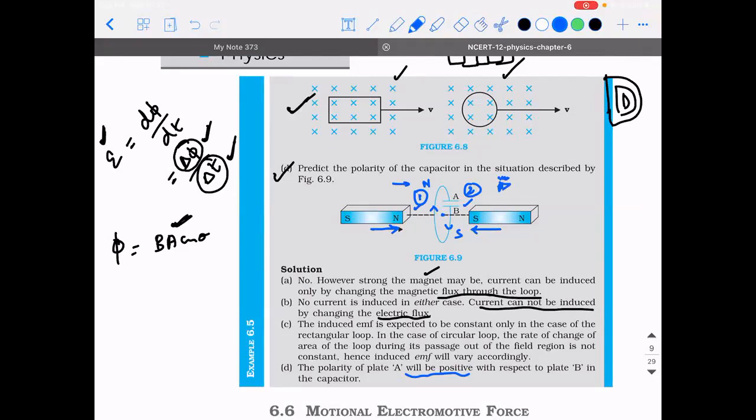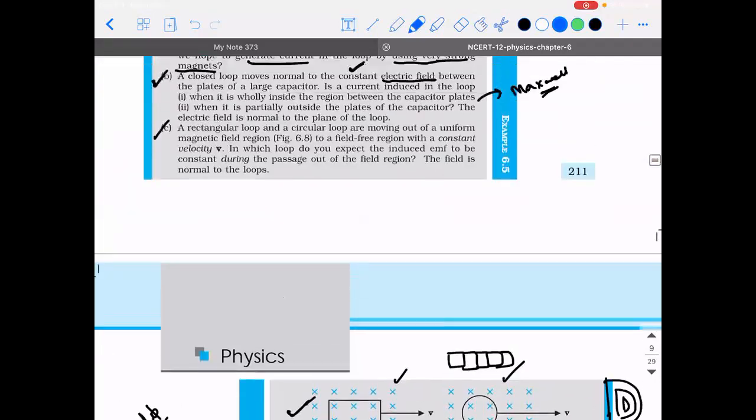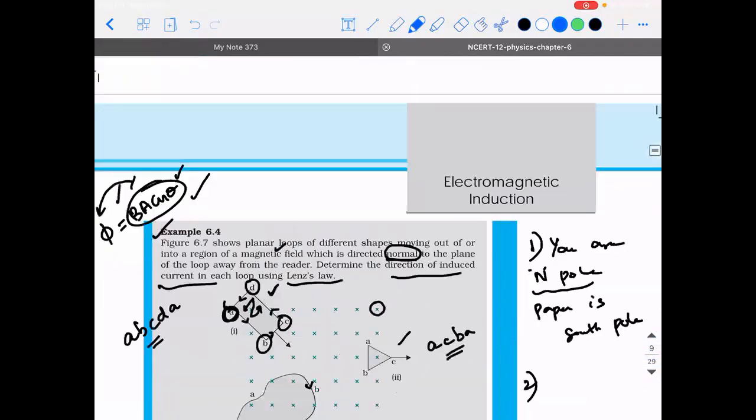When the north pole is coming, this side is going to be north pole. When the south pole is coming, this side will be south pole. I have to check how they have actually taken the diagram to be. Based on that we can decide. I'll check this alone then. As of now, we'll understand the logic that this is north pole and this is south pole. Let me think about this clearly and I'll get back tomorrow.